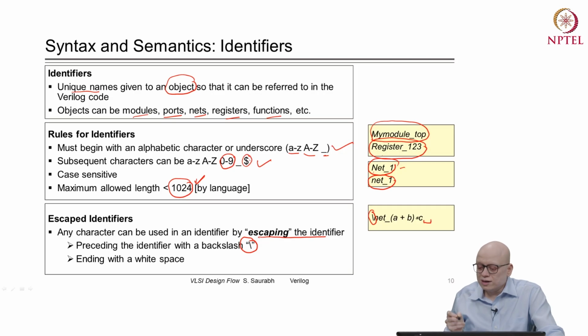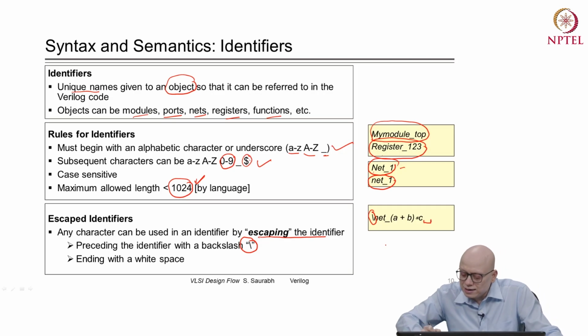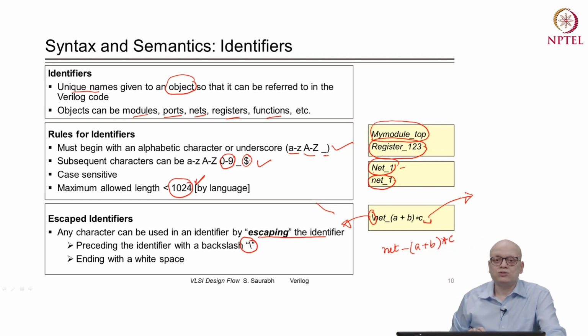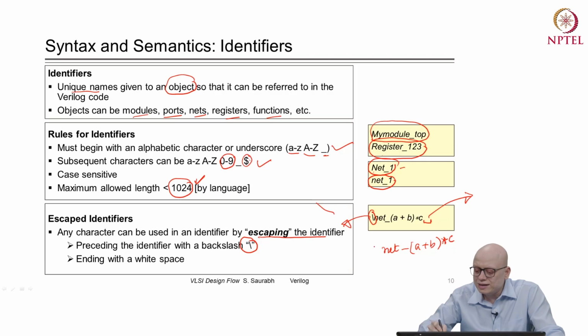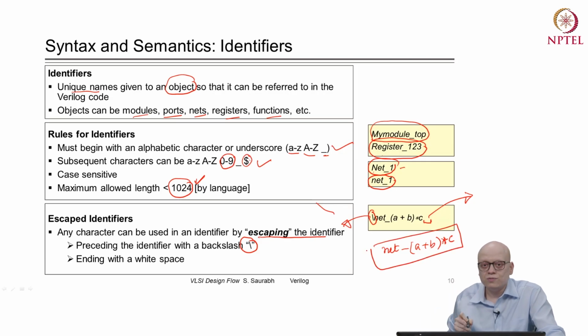So the tool will treat the name as net_a+b*c. It will remove the backslash and also the ending white space. This is just for the tool to understand that the escaped identifier is starting and ending. Whatever is between them, the tool will treat as the identifier name, without the preceding backslash and without the ending space.